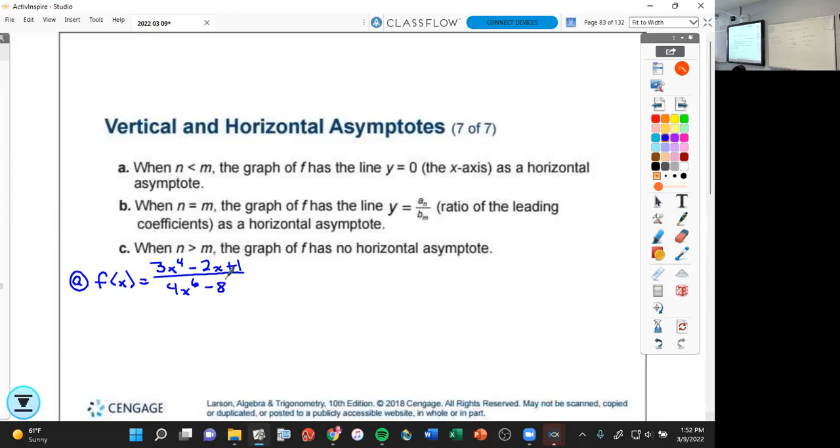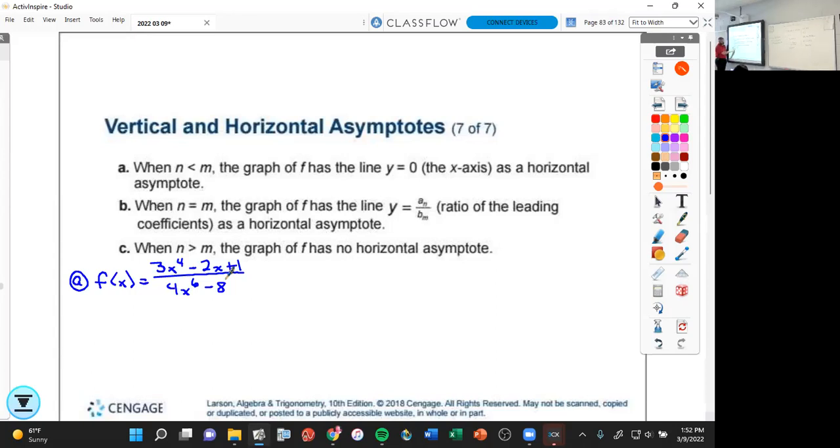Looking at the numerator, which piece has the most influence? 3x to the 4th has the most power. Why? Because it's got the largest power, right? It has the highest degree.